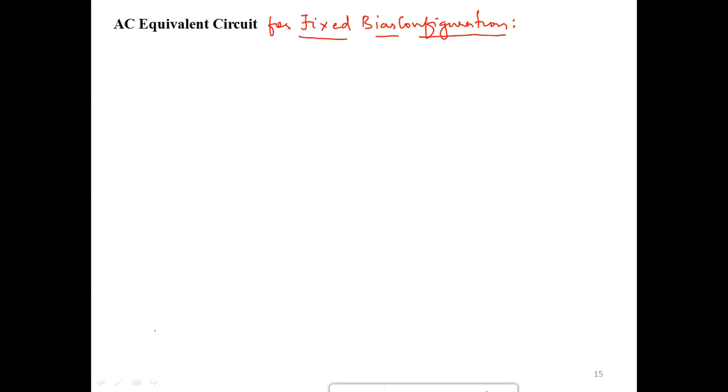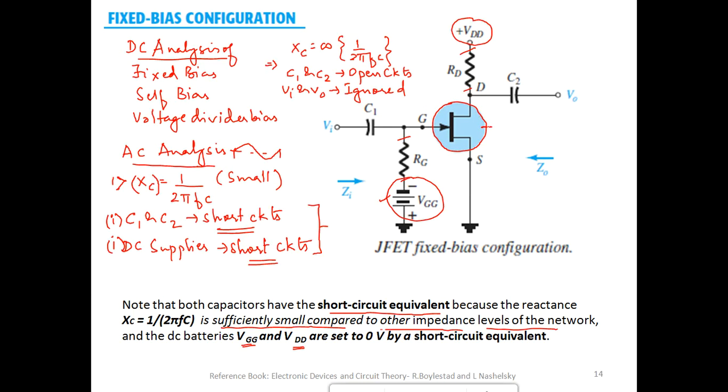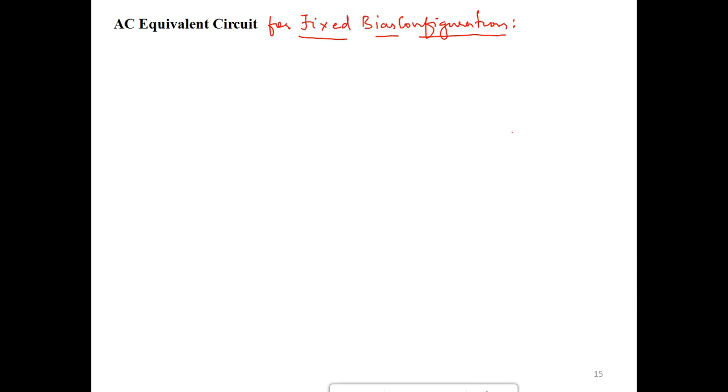The steps are the same and the concept is also similar. So what should we do initially? Let us first draw the AC equivalent of JFET, which we have already seen.